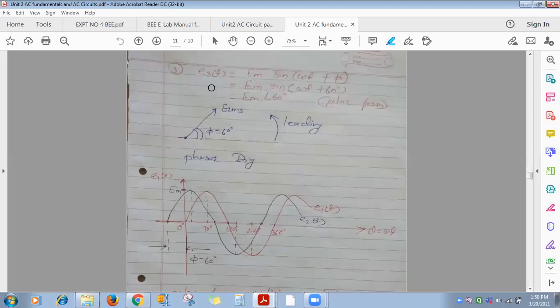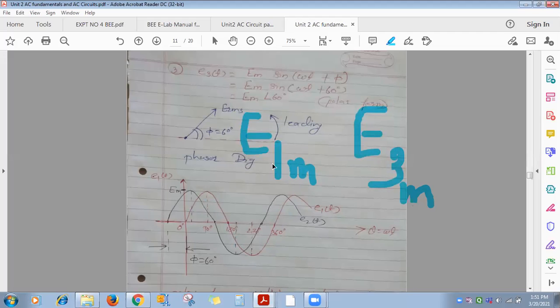What does it mean? What is the phase difference between the peak value of the first waveform and the third waveform? This is the first one's peak and this is the third one's peak. So between the two, the phase difference is how much? 60 degree, right? Yes, 60 degree it will be.